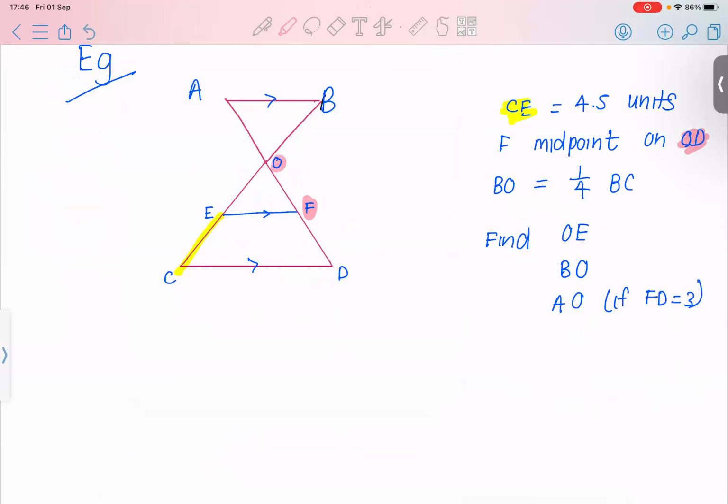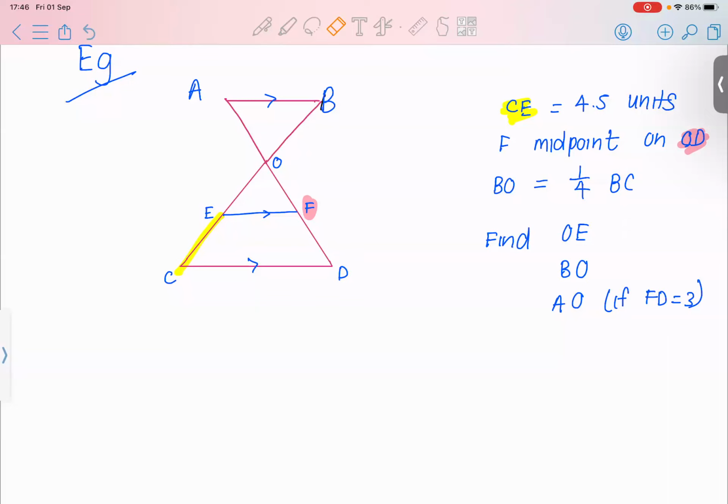And here is OD. So F is the midpoint of the line segment OD. That's what we're told. And we're told that the length of the line segment BO is 1/4 the length of the line segment BC. We're then asked to find OE, BO, and AO.